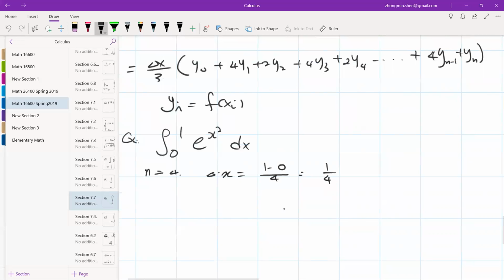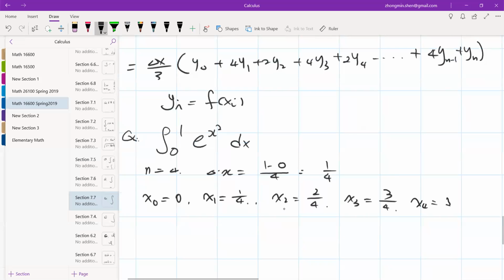You get x0, which is 0. X1 is a quarter. X2 is 2 over 4. X3 is 3 over 4. X4 is 1. So you list all of them.